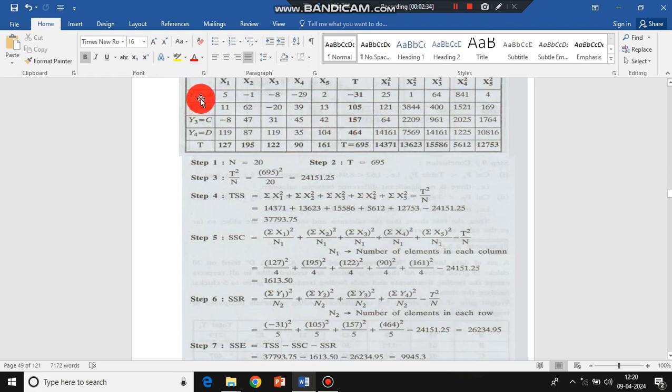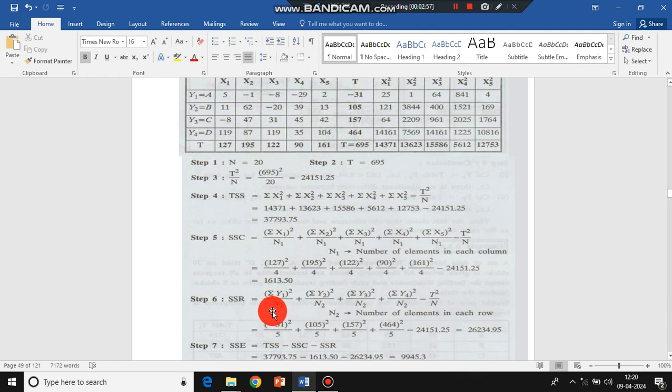So summation of y1 is minus 31, summation of y2 is 105, summation of y3 is 157, summation of y4 is 464. And then how many elements are there in that row? 1, 2, 3, 4, 5.